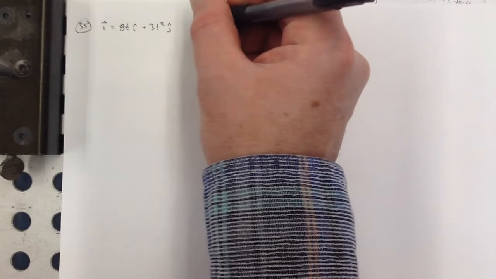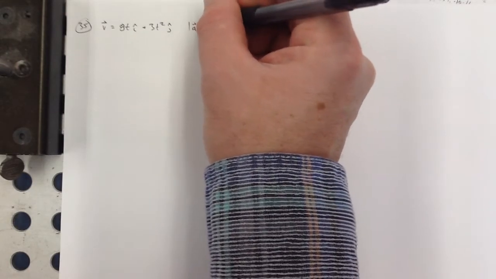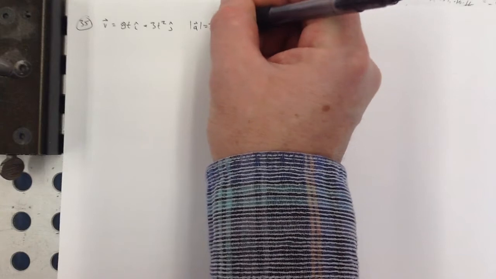Okay. At the instant that the net force on the particle has a magnitude of 35 newtons, what are the direction of the net force and the particle's direction of travel?